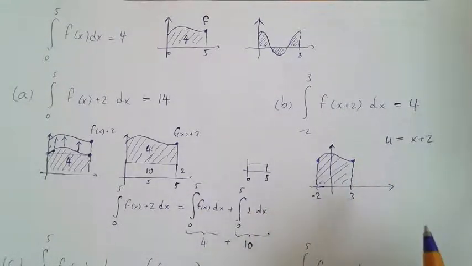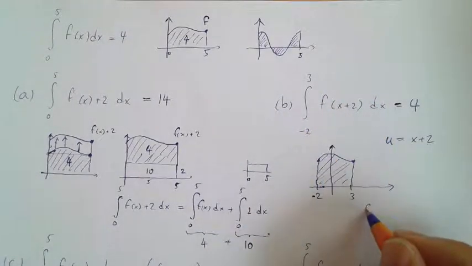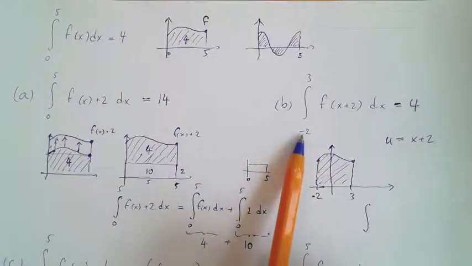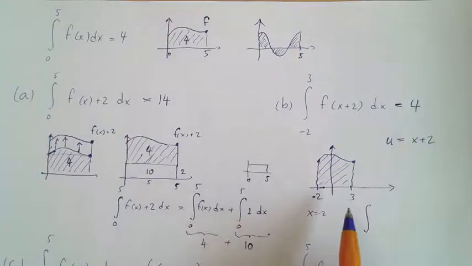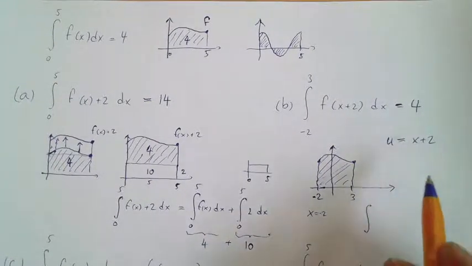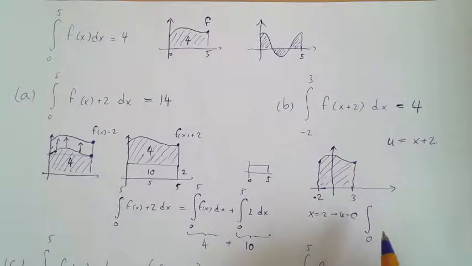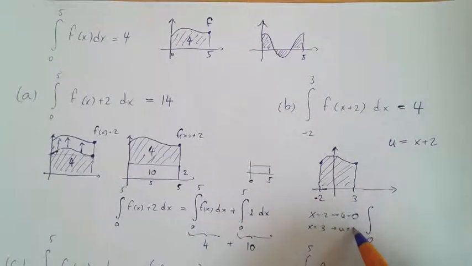And from there, you can find what this integral is in terms of U. Firstly, we need to change the bounds. When x equals negative 2, U is negative 2 plus 2, which is 0. When x is 3, U is 3 plus 2 equals 5.